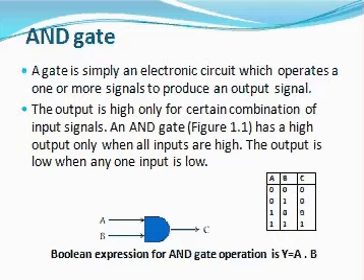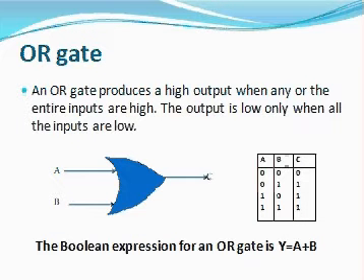Now we are going to see different types of gates. AND gate. In this gate, the output is high only when both inputs are high. When any one of the inputs is low, the output will be 0. The Boolean expression for the AND gate is Y equals A dot B. And next is the OR gate.